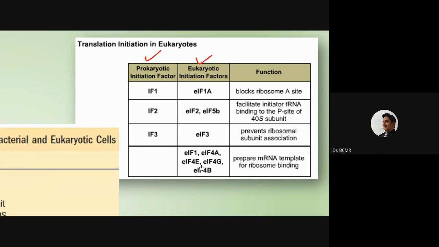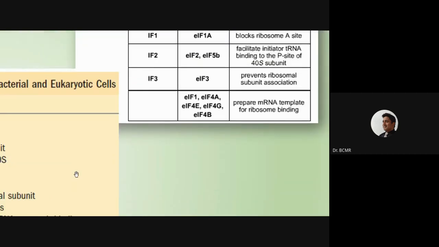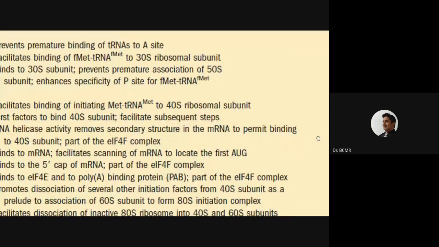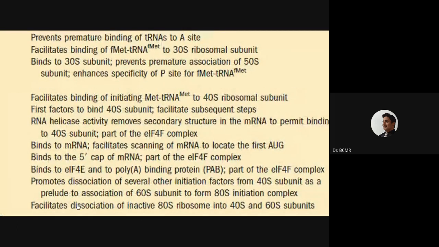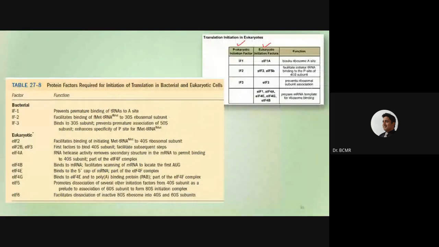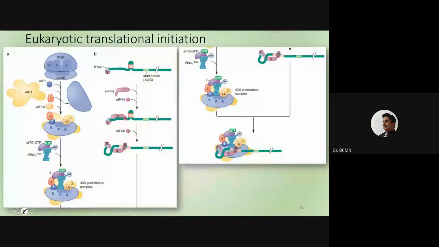I will get back to this slide in the next class again for review. But right now, I will just finish the mechanism. Okay. Yeah, let's see. It'll get a little complex.